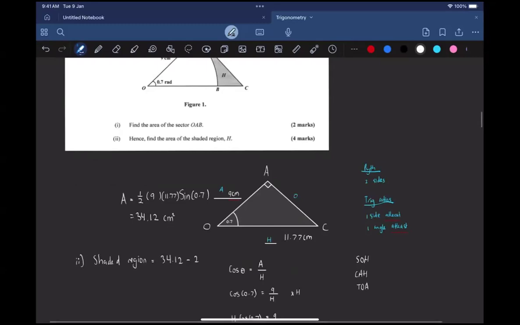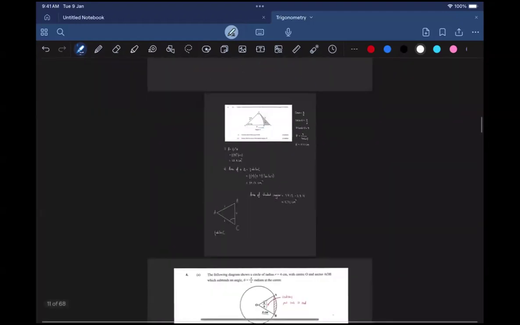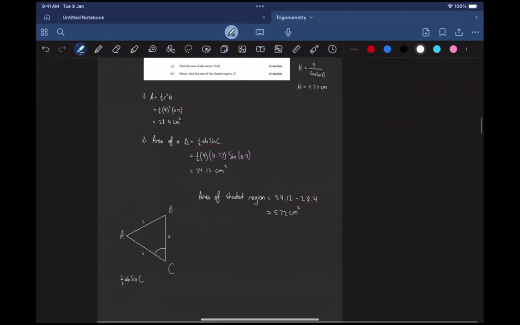Right, and that was 28.35. Plug that into the calculator and let me know what you get. 5.77. Right? Yeah, that's correct.